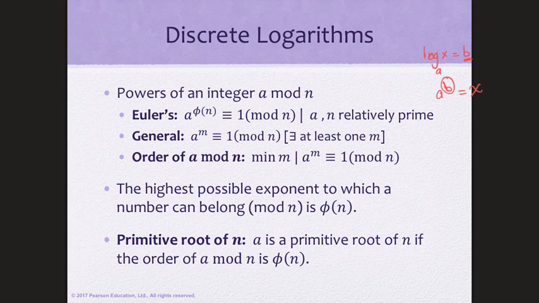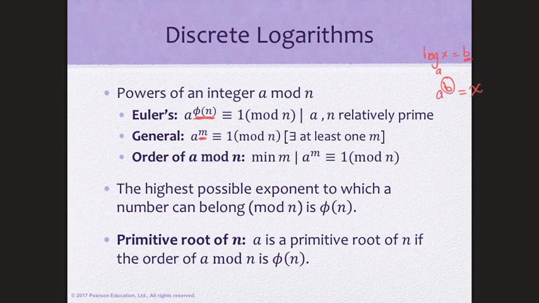Euler's theorem says that a to the power of phi n is equal to 1 mod n, given that a and n are relatively prime. So I can generalize this, and say that in general, a raised to the power m, where I replace this whole thing by some value m, is equal to 1 mod n, and at least one value of m satisfies this relation.